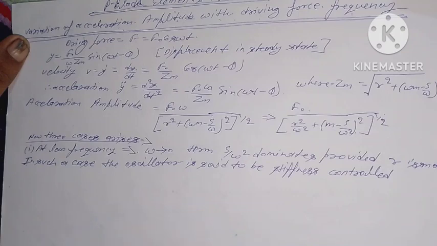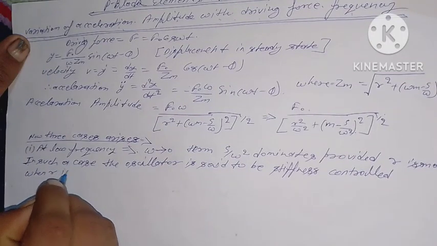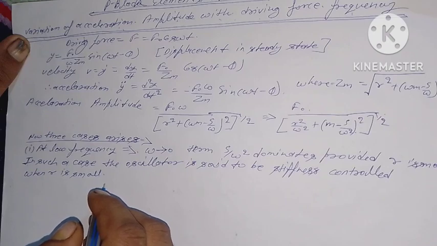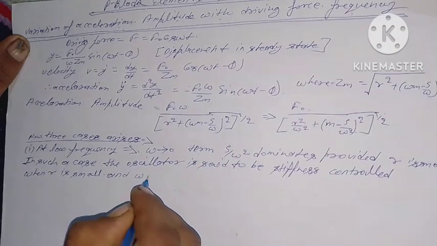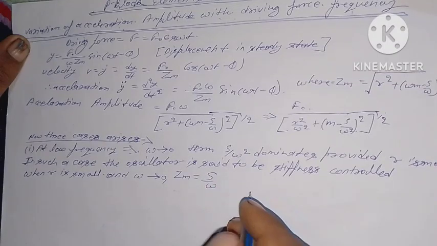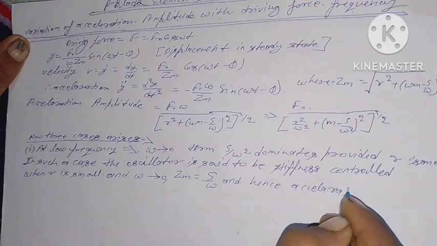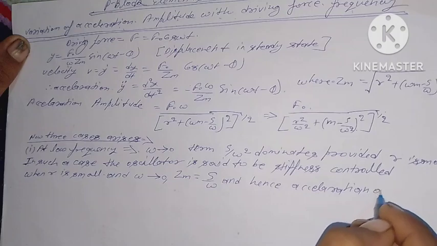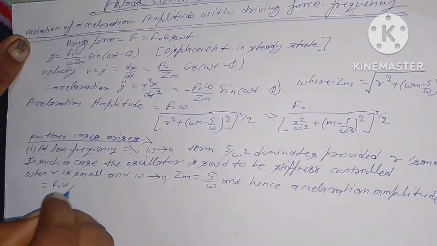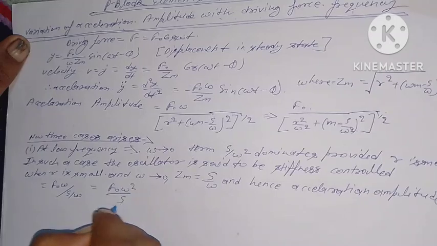and hence acceleration amplitude equal to F naught omega by (s by omega), that is F naught omega square by s.